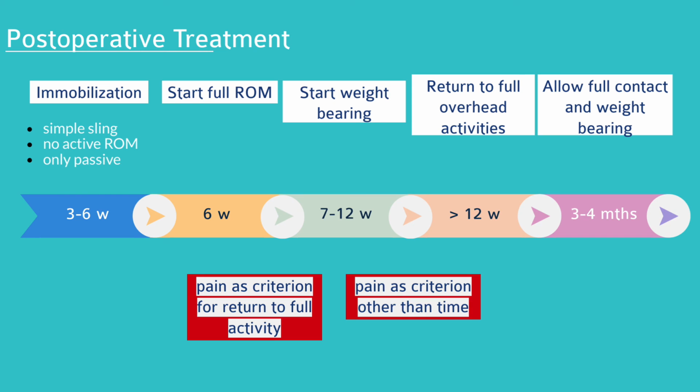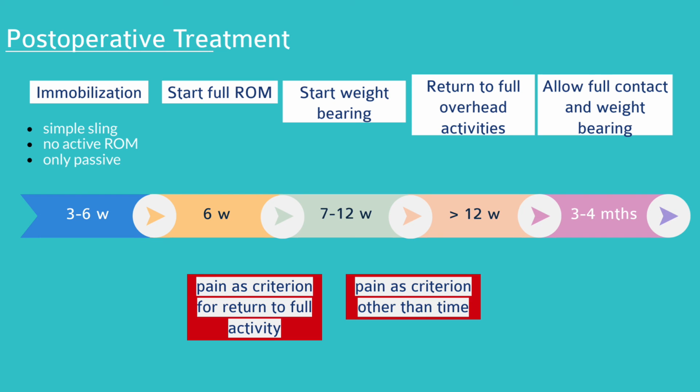How is the postoperative treatment? This is almost the same as the conservative treatment. So patients are immobilized for 3 to 6 weeks in a simple sling, no active range of motion, only passive. At 6 weeks, full range of motion is started, and pain is considered as a criterion for full return to activity. Weight bearing after 7 to 12 weeks, and return to full overhead activities over 12 weeks as in the conservative treatment.